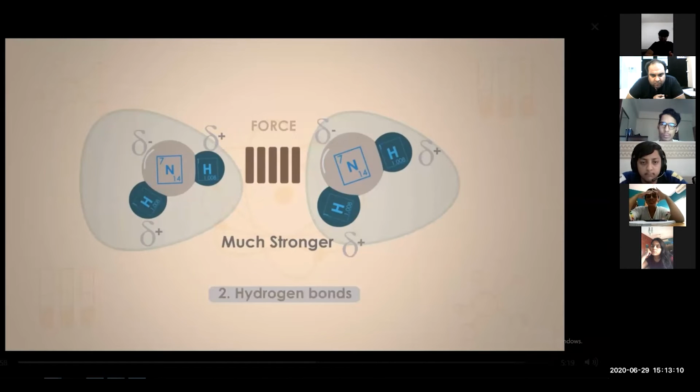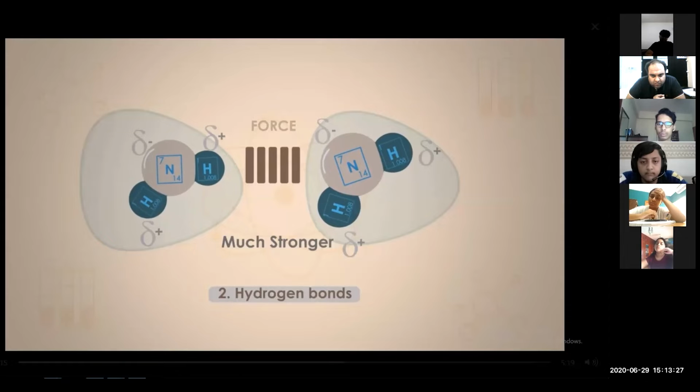This particular type of dipole-dipole attraction between the electron-deficient H delta positive of one molecule and the lone pair of electrons on a fluorine, oxygen, or nitrogen atom of another molecule is given the special name of hydrogen bond.